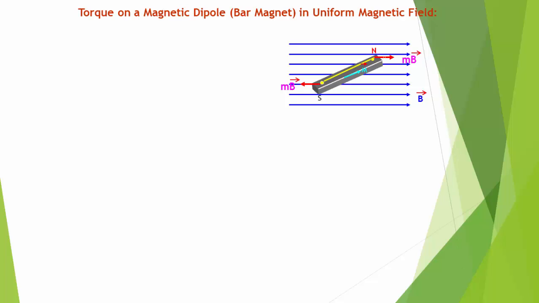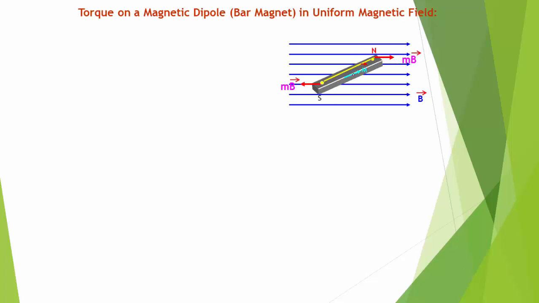Due to the Coulombian attractive force and Coulombian repulsive force, the north pole moves in this direction, because the north pole acts as positive and the south pole acts as negative, right? Here this is the region of uniform magnetic field, in which we place the magnetic dipole.